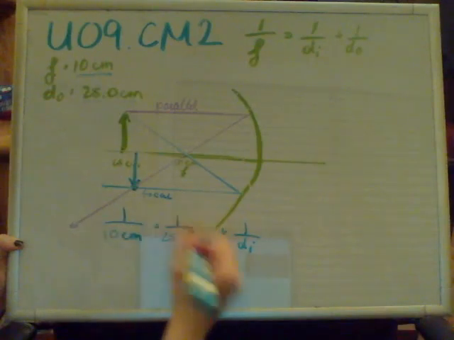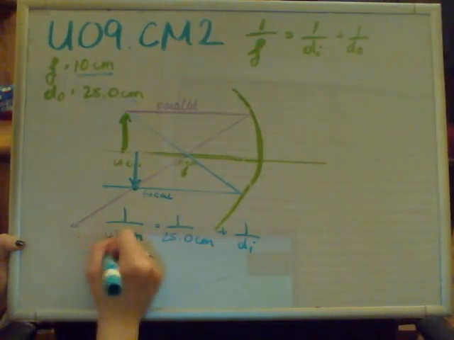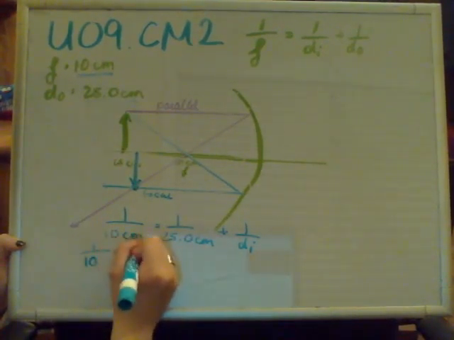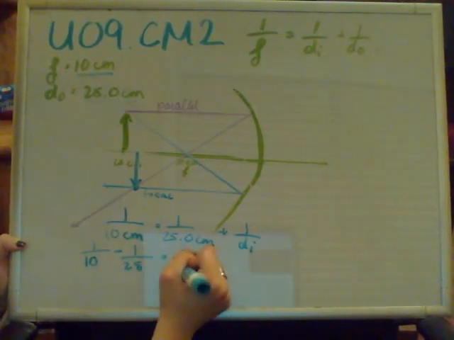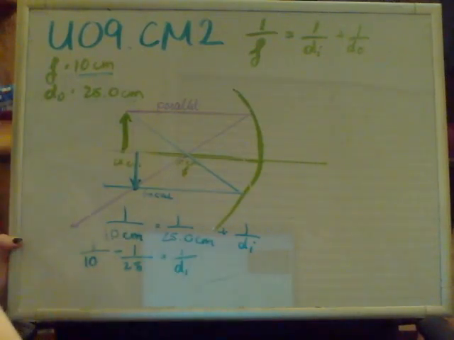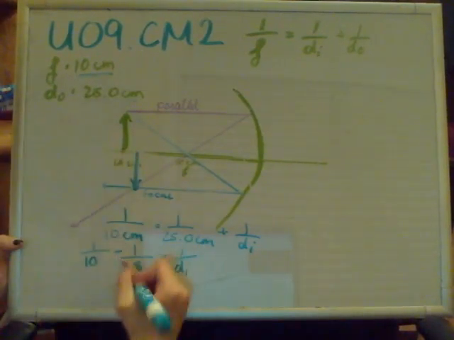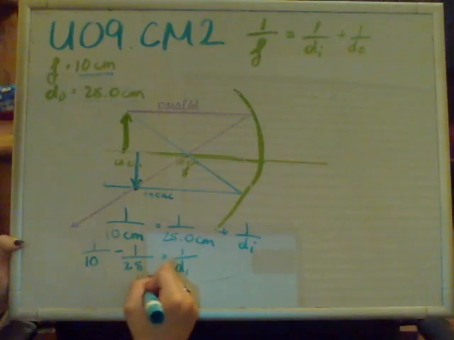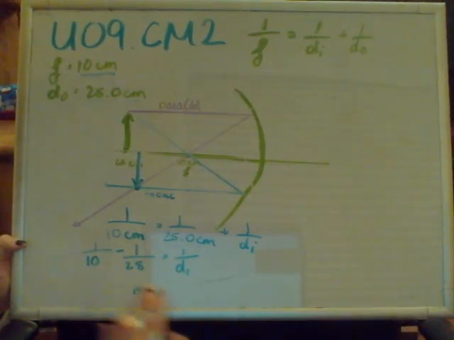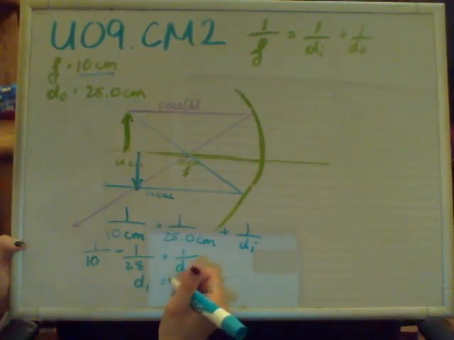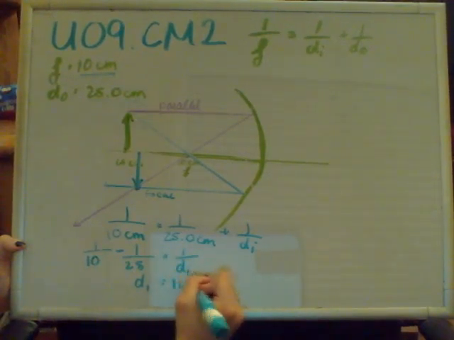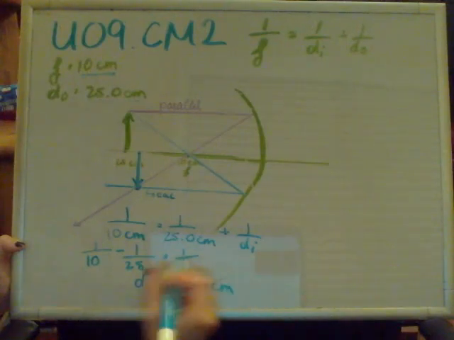If you do the math, you bring this over here, so we have 1 over 10 minus 1 over 25 equals 1 over di, and we can just take the inverse, so di equals 16.6 centimeters.